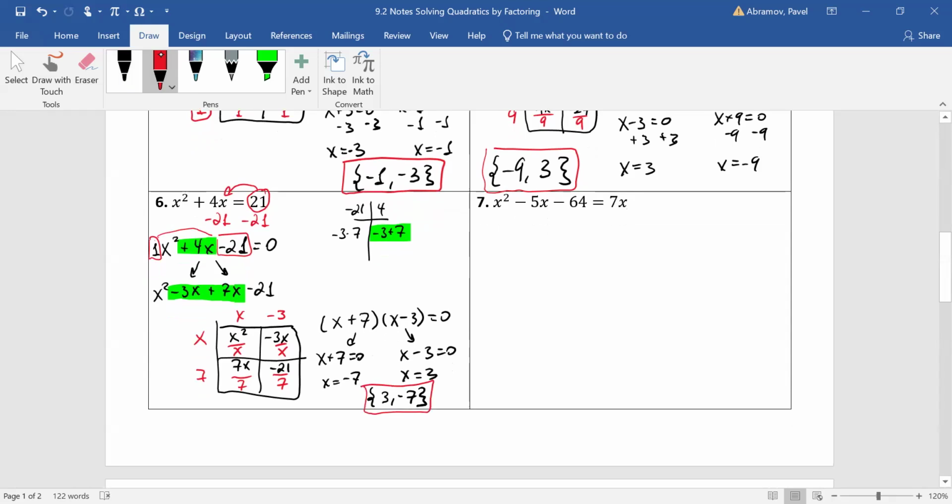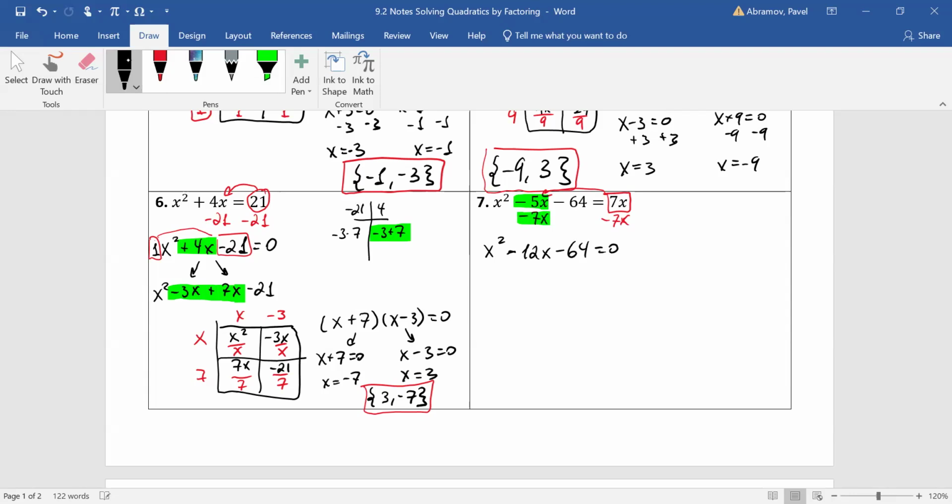Okay, question 7. Once again, notice that it is not equal to 0, so we have to move the 7x to the left side, and we subtract it. But now we do have a like term. Notice that there is an x term in the middle, so we'll subtract the 7x from the term in the middle. And once we do this, we end up with x squared, and then we will be subtracting negative 5x and 7x, and that will produce negative 12x minus 64 equals 0.